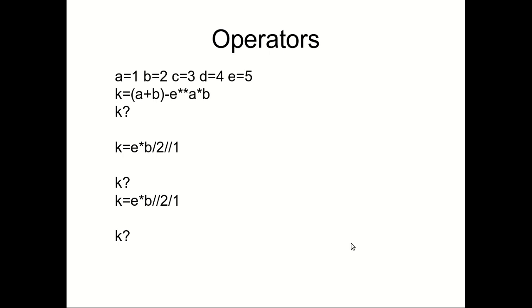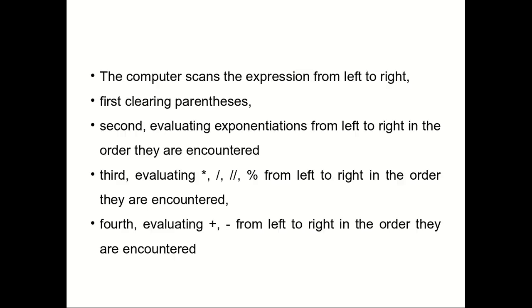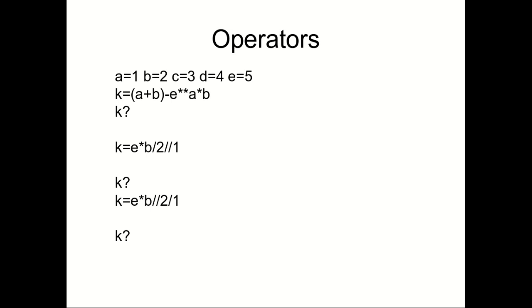Now here is an example to demonstrate how they work. It scans from left to right. First it clears the parentheses, then evaluates the exponents from left to right, then evaluates any multiplication, division or modulus operations from left to right if they are present, and finally the addition and subtraction. Taking the first example, we have a parenthesis here, so anything within the parenthesis is evaluated first.